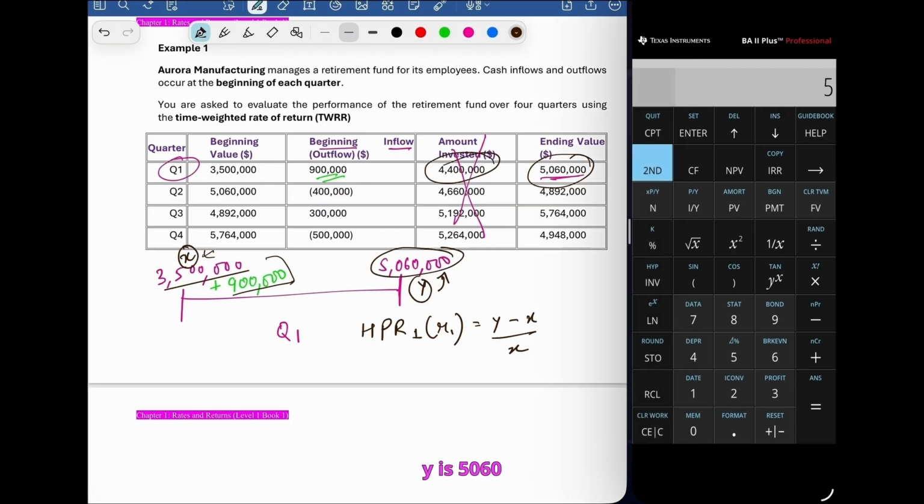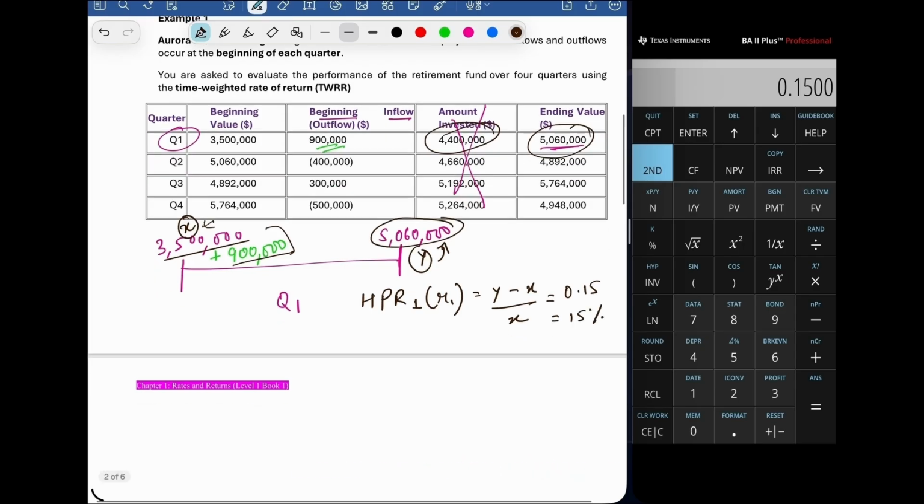Y is 5,060,000 minus X value, which is 4,400,000, divided by 440,000. So this particular value is coming out to be 0.15, which is, you can say, 15%.